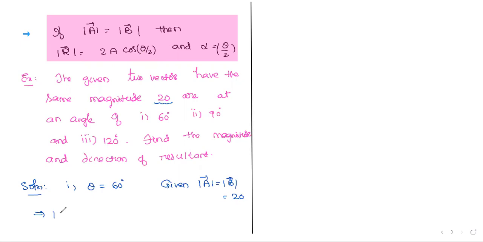That implies mod R is equal to, directly using the shortcut, 2a cos theta by 2. 2 into 20 into cos theta by 2, which is cos 30. Cos 30 is root 3 by 2. The 2 cancels. You will get 20 root 3. And alpha, this is also very easy.